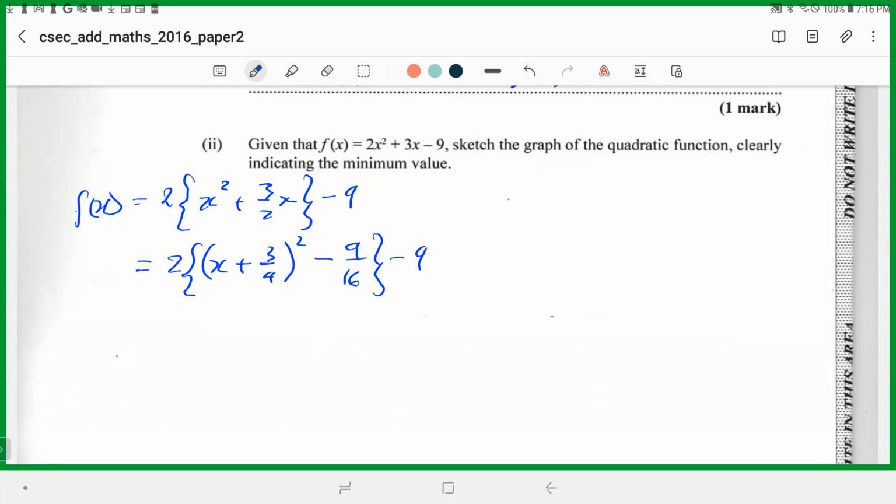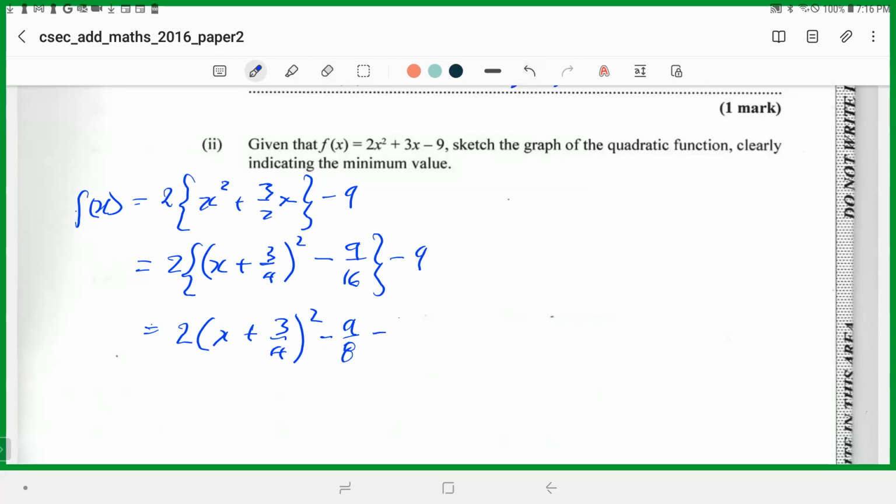Good? Then it becomes, expand now. We get 2 into x plus 3 over 4 squared. Then 2 times this is 9 over 8, minus 9 over 8. And this is same as 9 times 8 is 72.